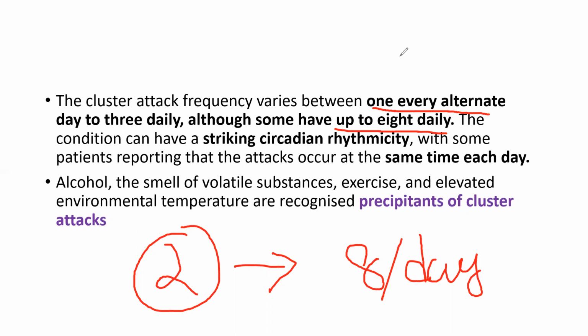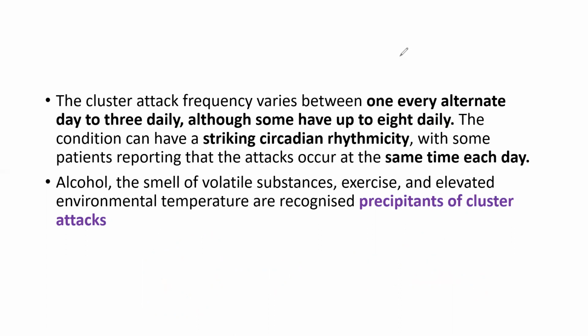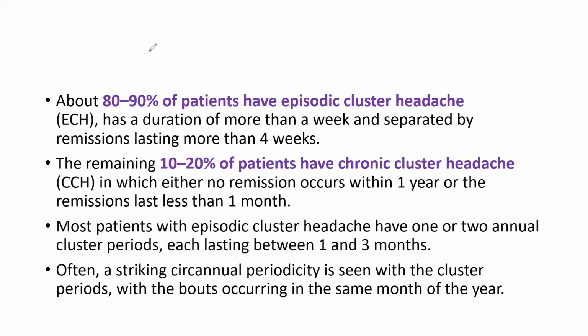So if you want to understand cluster headache, we should know that cluster headache actually occurs in a particular cluster. What is a particular cluster? If we know the periodicity, in maximum cases there will be an episodic cluster headache. Like if the cluster headache is present, it will persist for about 1 week.